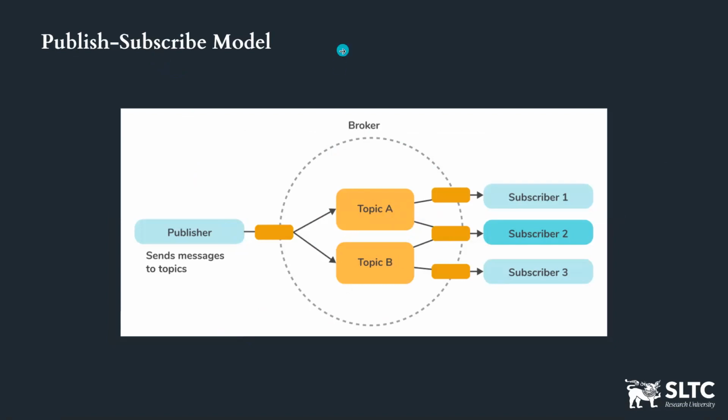The broker has several topics defined in the system, and once it receives messages from the publisher, the broker publishes that data to the subscriber. That is basically the publish-subscribe model, and we have discussed the MQTT protocol, which is very similar to this one.